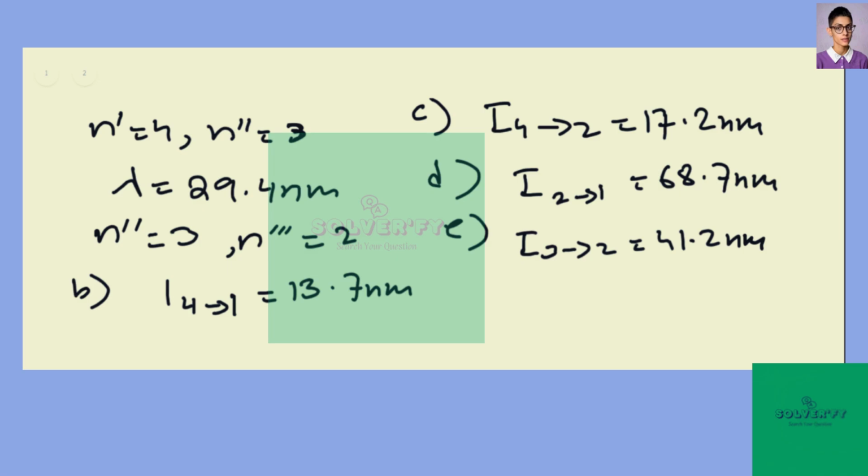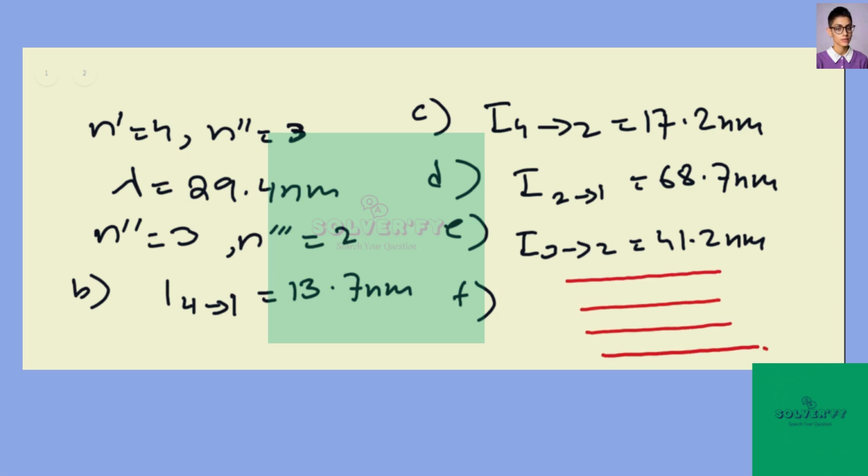For part F, the possible transitions are shown. So let's say these are states 1, 2, 3, 4.